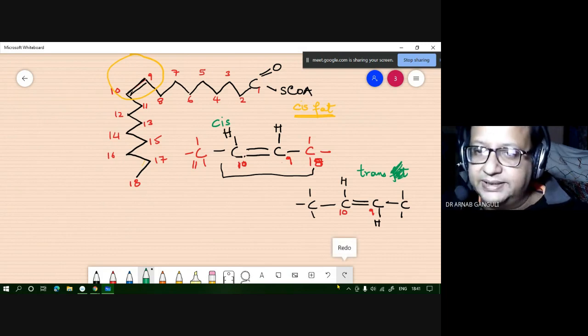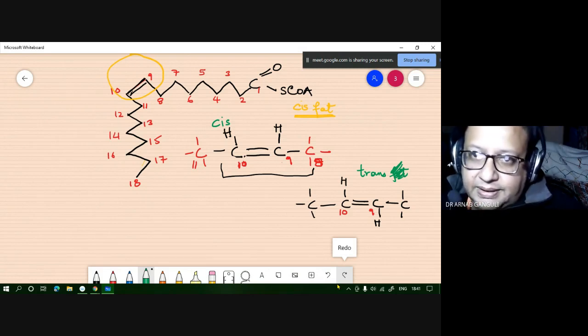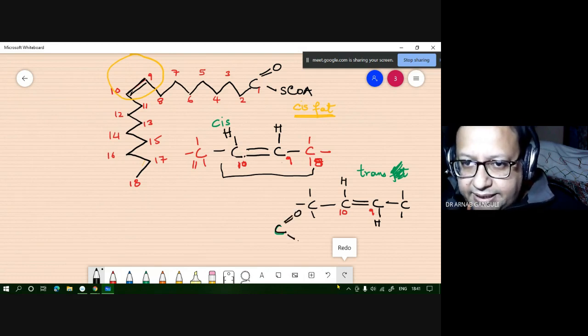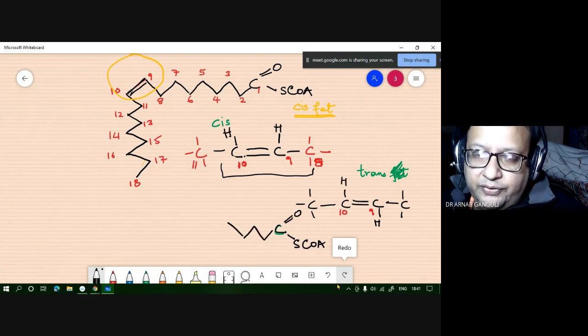Now, what does this indicate? This means if I draw it, we draw this like carbon 1, 2, 3, 4, 5, 6, 7, 8.